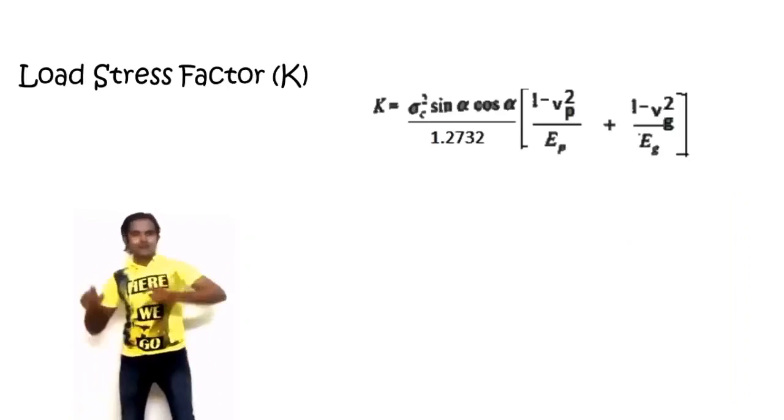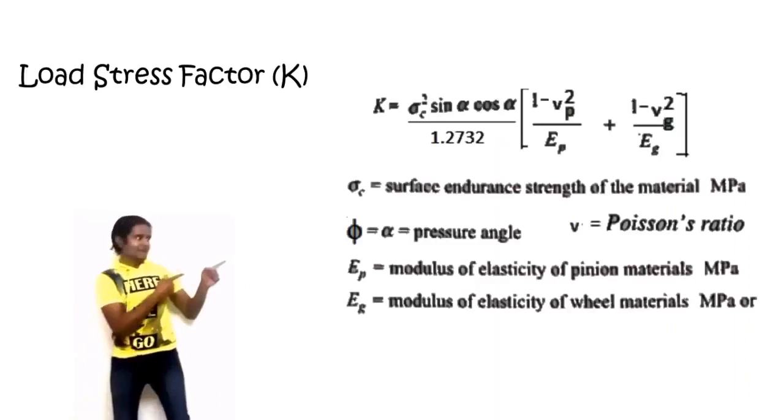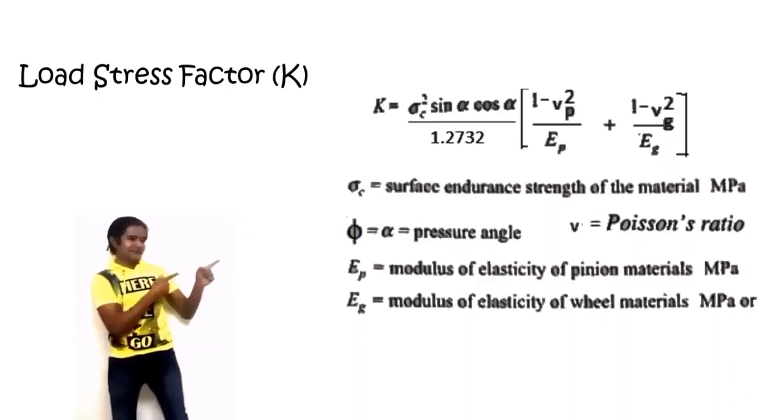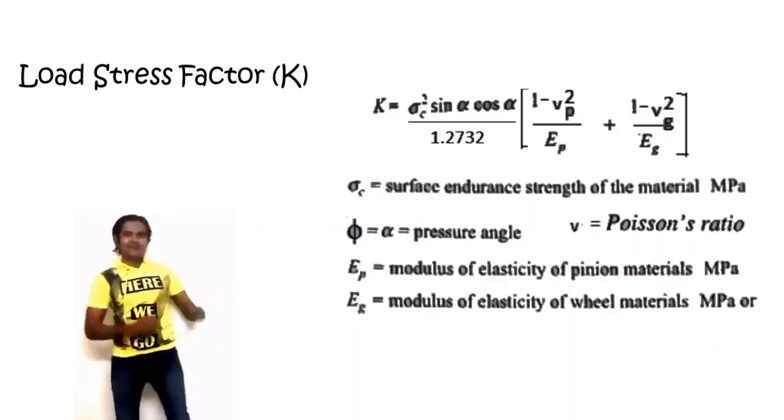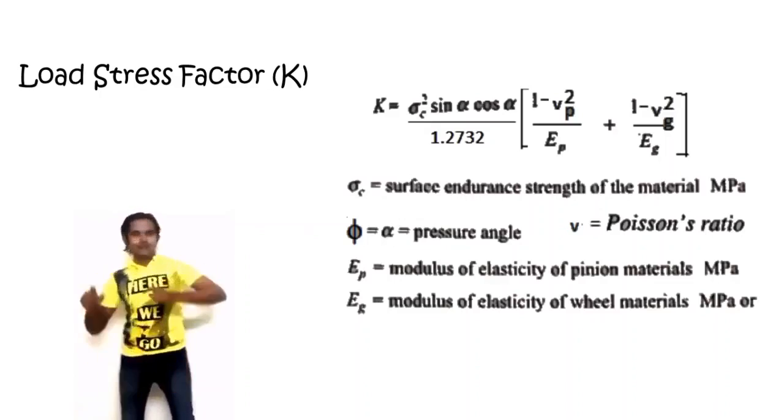Now I told you load stress factor K. You can find out load stress factor K if surface endurance strength sigma C, Poisson's ratio, pressure angle alpha or phi, and modulus of elasticity of pinion and gear, EP and EG, are given.